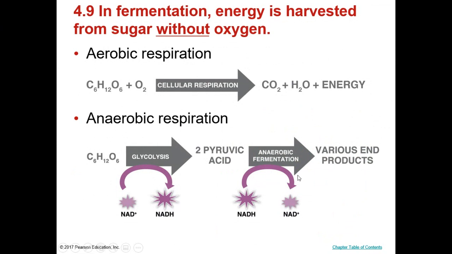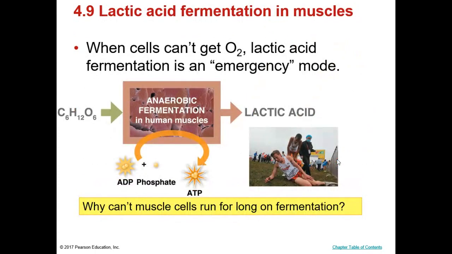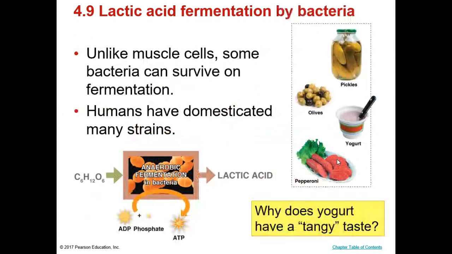And then there are various end products of anaerobic respiration. For example, lactic acid is one, and alcohol or ethanol is another. That second one we take advantage of in producing everyday products that we consume, like alcohol, for example wine, tequila, but also in the making of yogurts, pepperoni, olives, pickles.